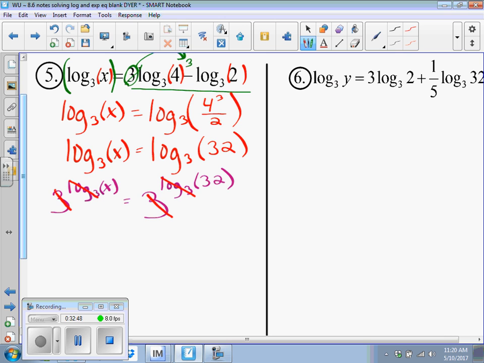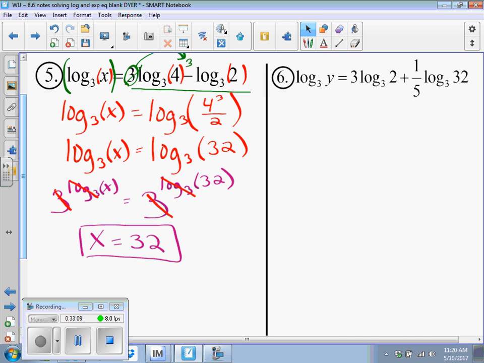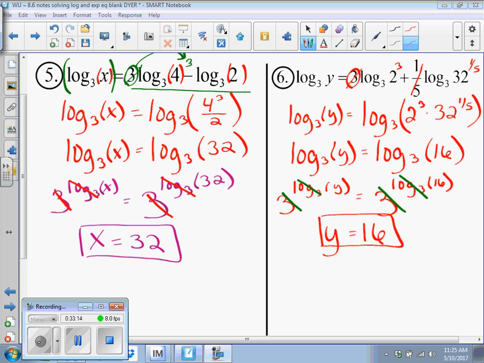So that just leaves me with x equals 32. Now, you have to go back and look in your problem and say, is it okay for x to be 32? Yes, that's a positive number. I'm fine. I want y'all to do number 6. Okay, so you should get y equals 16.